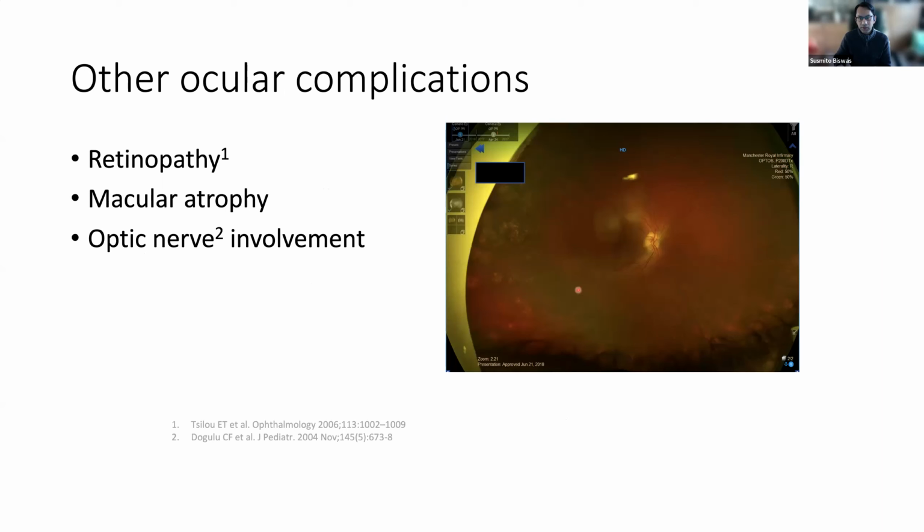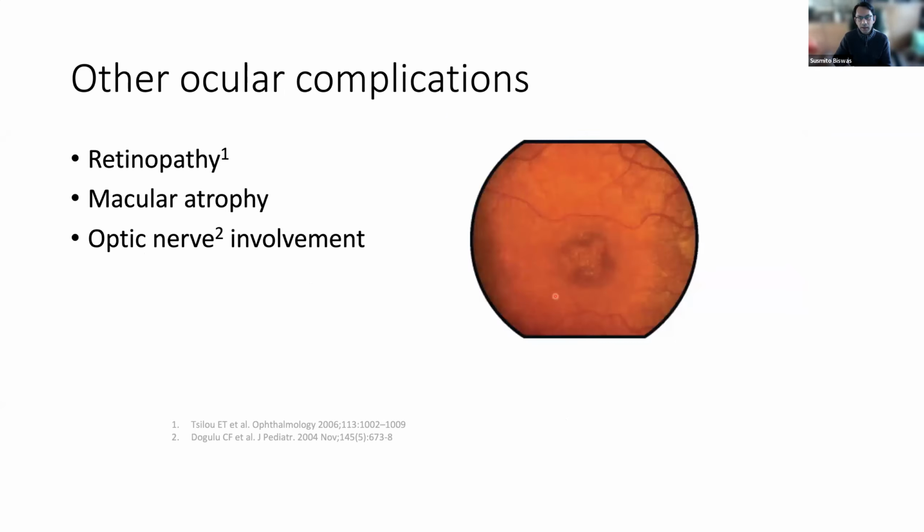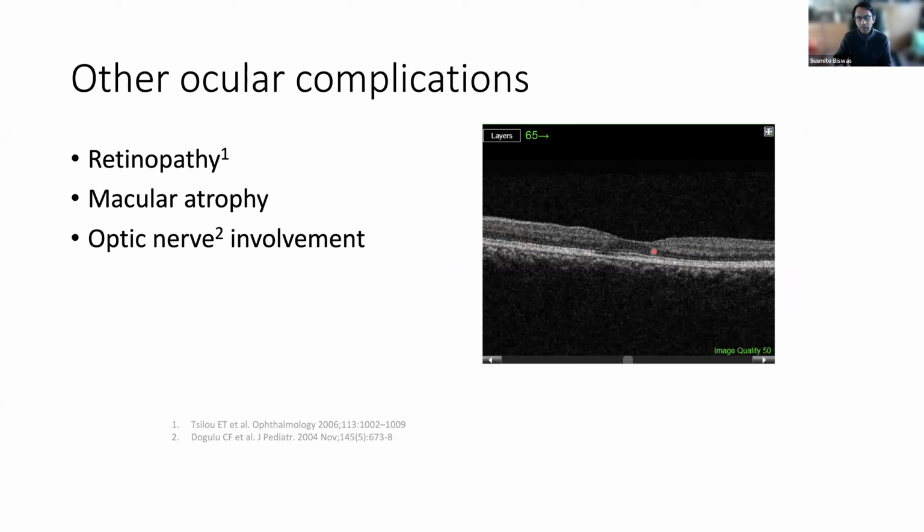With regard to the retina at the back of the eye, without treatment you do get some changes in the back of the eye, and this can appear as a retinopathy. So you'll start to see these little white areas of patchy pigment loss in the mid periphery, and then you can get some central retinal involvement with some atrophy and thinning of the central retina.